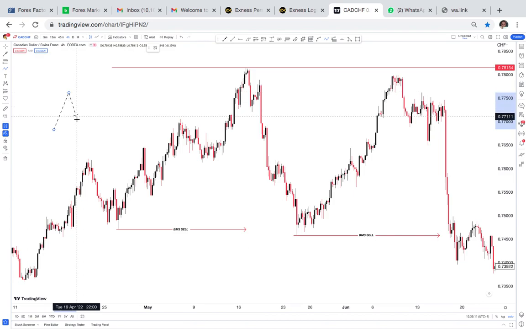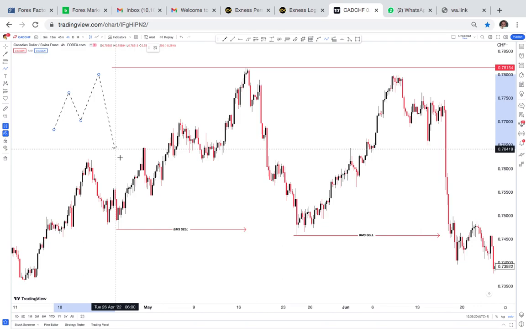Price took out this, and took out this, took out the two sell sides. Then I'm expecting this zone now to be my supply, where price will come and tap into it and continue the fall.